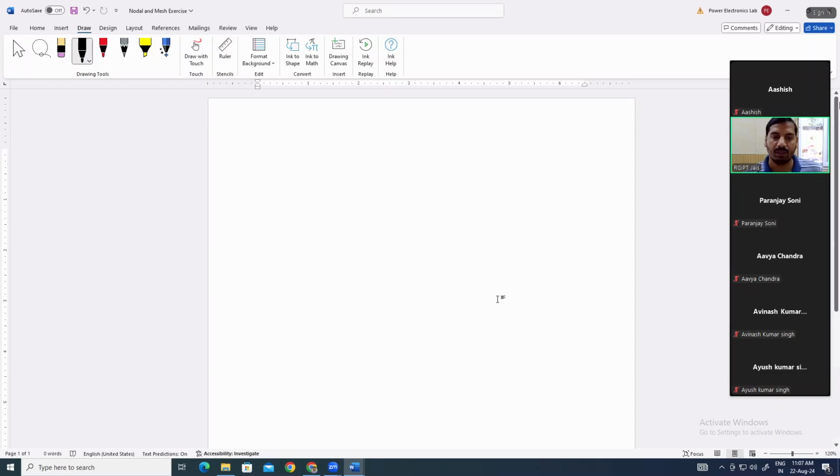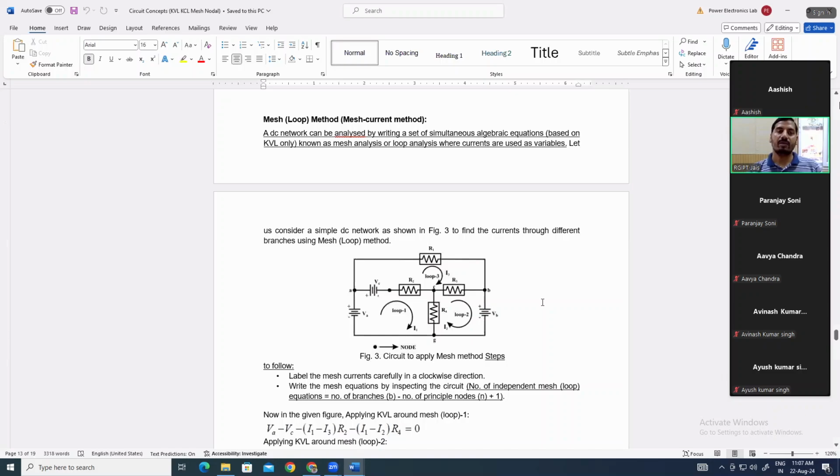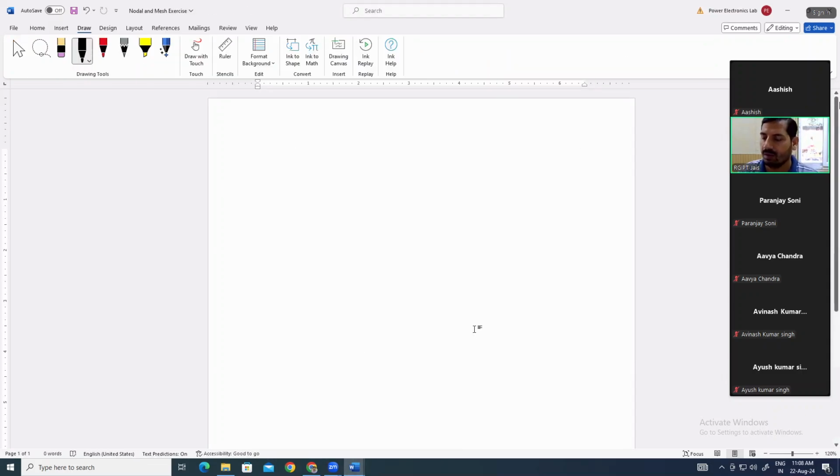Okay. So now we will move towards the first method, that is mesh analysis or mesh current method. So after that, KCL, KVL. We have circuit solving techniques.